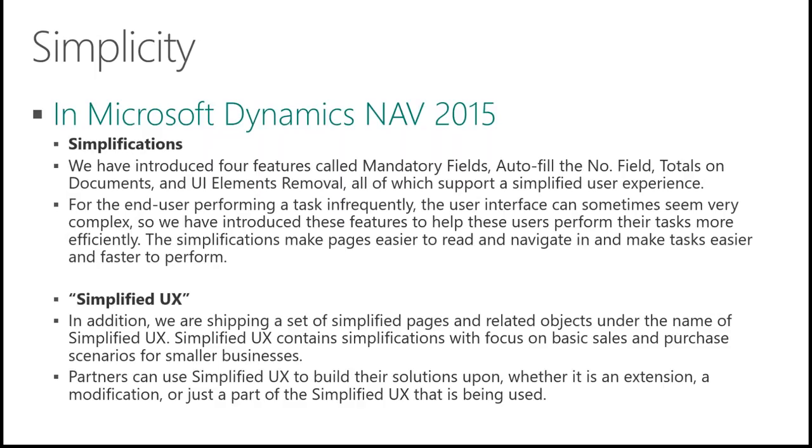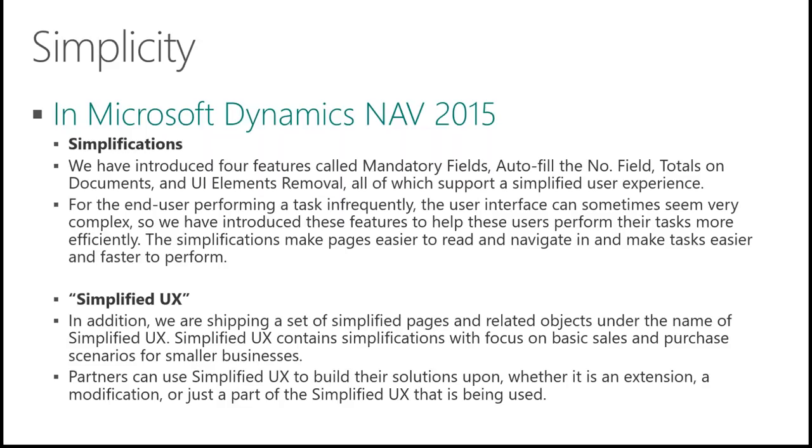We've simplified the data entry. We've made mandatory fields. We've put the totals on documents. Based upon your user permissions, if you don't have permissions for certain functionality on the role center, it will automatically be removed as part of the user simplification.